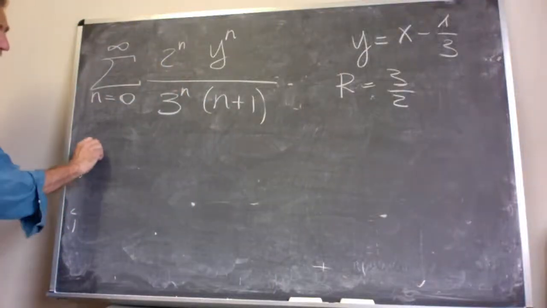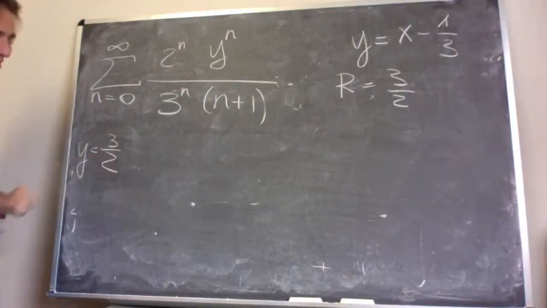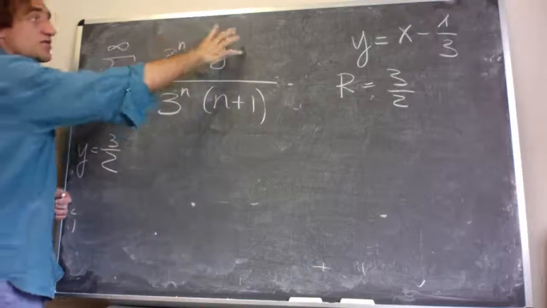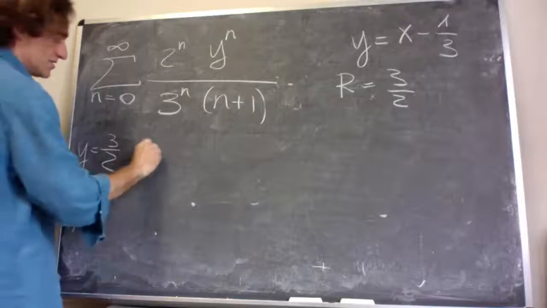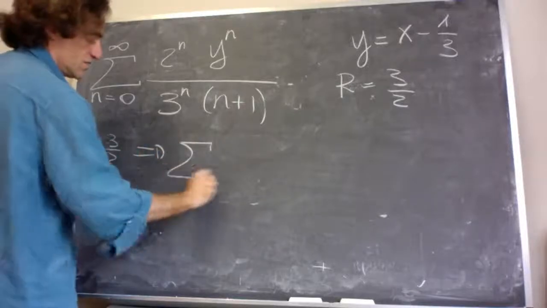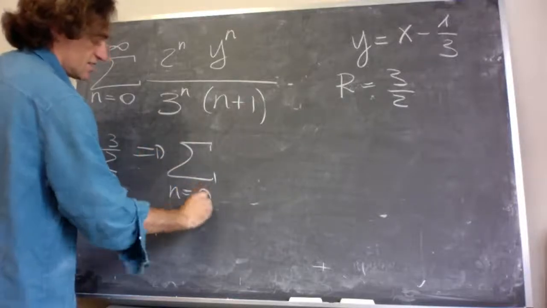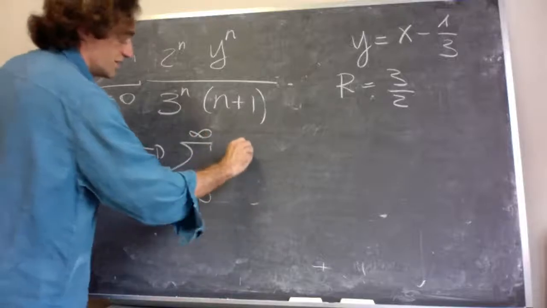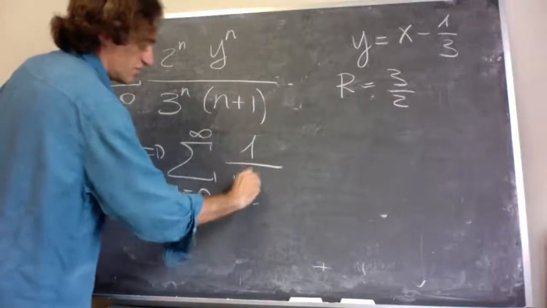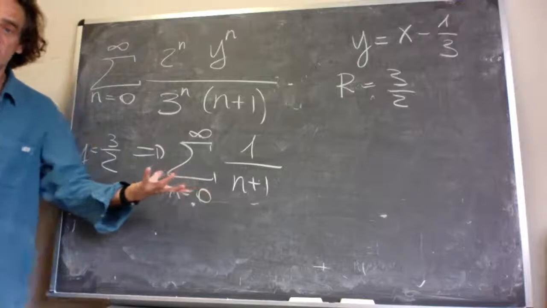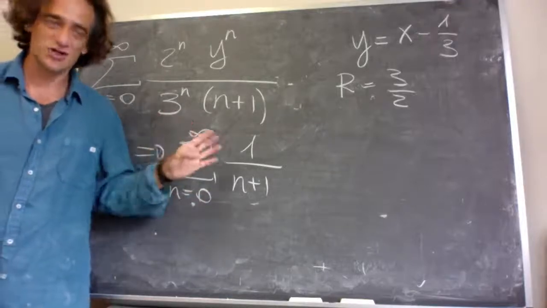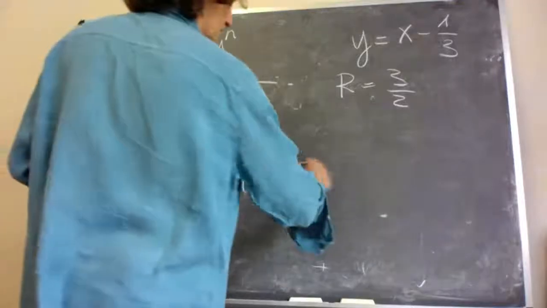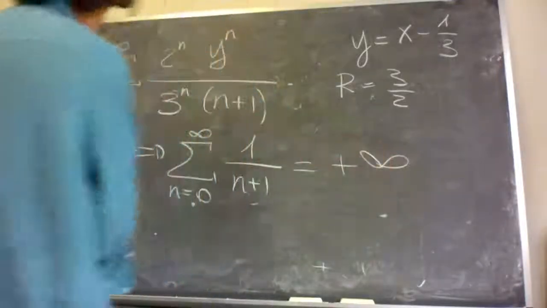If y is equal to 3 over 2, this means having here 3 over 2 to the n, of course it cancels this guy here. So this is the sum for n from 0 to infinity of 1 over n plus 1, and this is exactly the harmonic series. So it goes to plus infinity, in divergence.